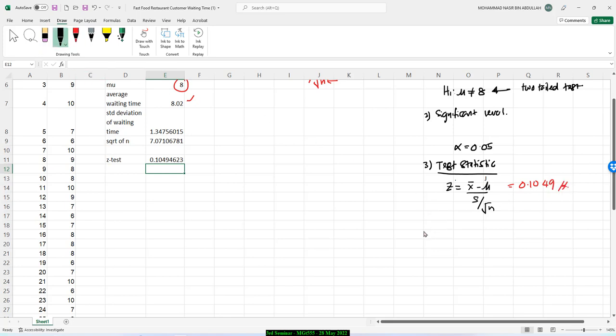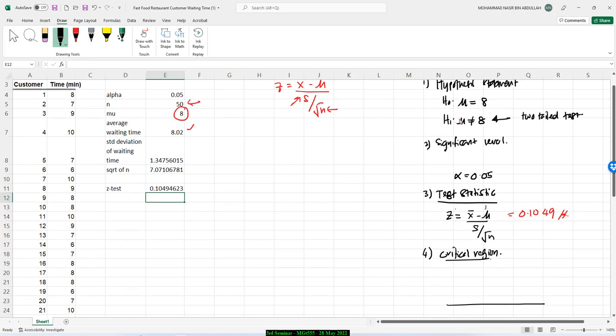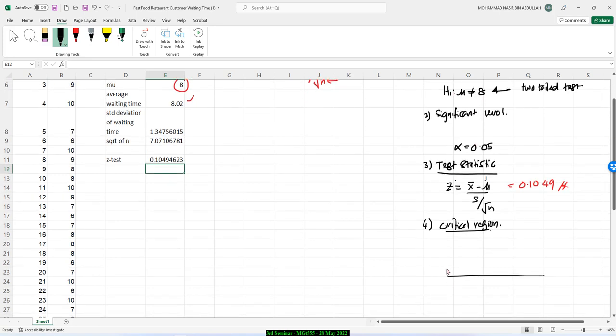And step number 4 is the critical region. For the critical region, we look at the alternative hypothesis. The alternative hypothesis is not equal, so it is a two-tail test, right?